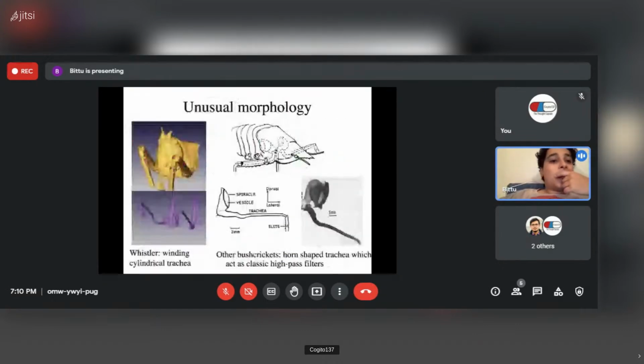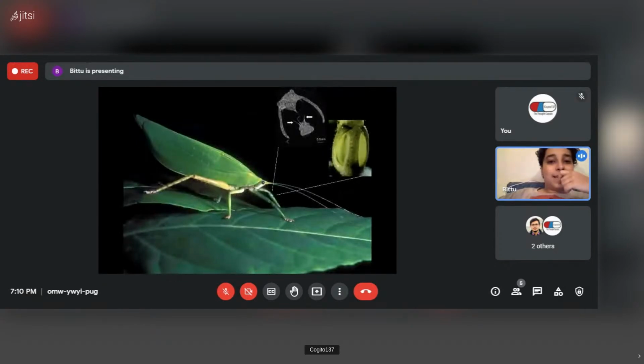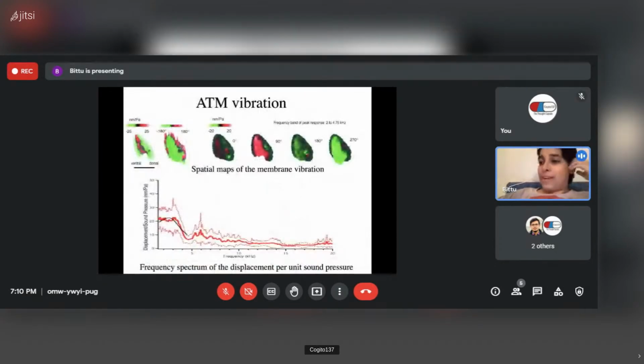In our case, we also took our whistler and looked at how the eardrum vibrates to see what these eardrums were responding to, and we did this using what's called a Doppler vibrometer, that is a laser which looks at the frequencies of the laser that are emitted back to get a sense of whether the object that they're falling on, in this case the animal's tympanal membrane, is moving towards the laser or away from the laser.